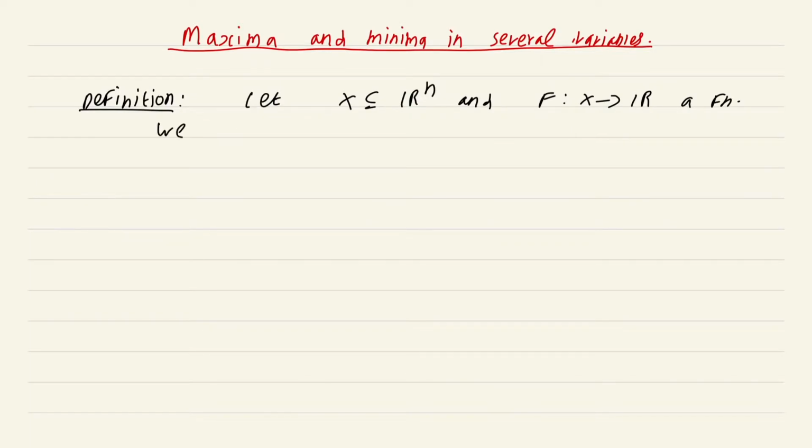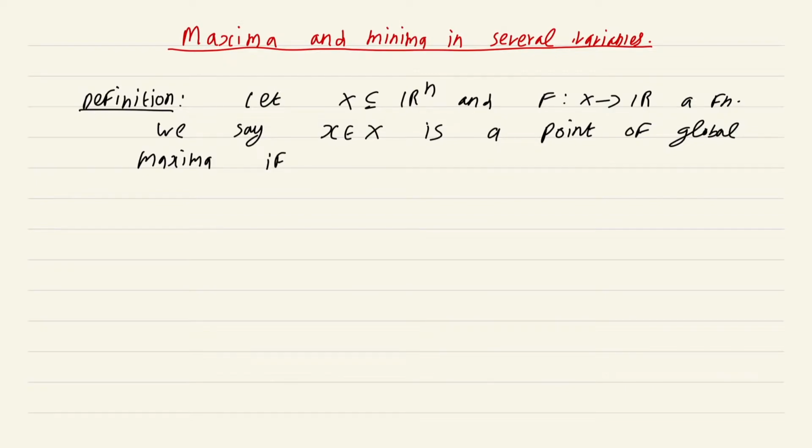We say x in X is a point of global maxima if f of x is greater than or equal to f of y for all y in X. The definition is literally translating English into mathematics.